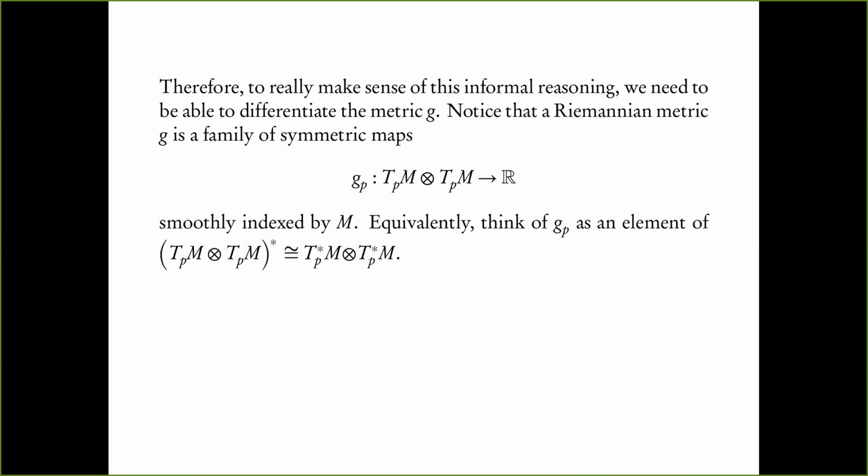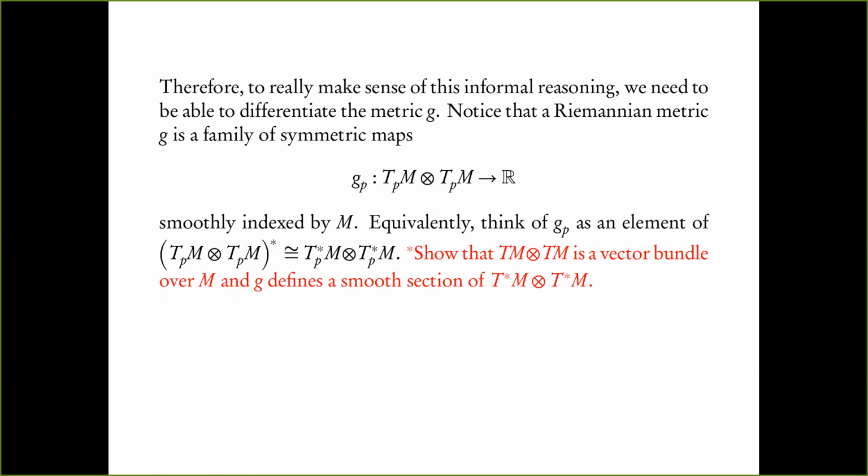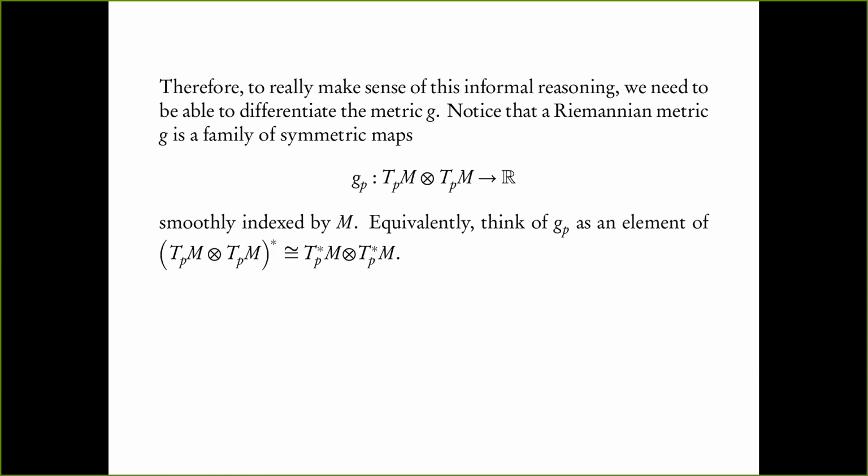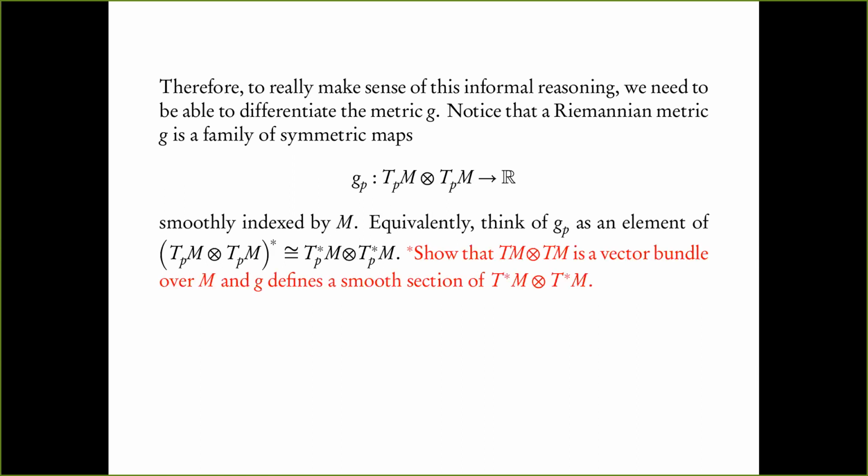All right. So this is an exercise, and I put a star here. If you do not want to do it, that's fine by me. But for those of you who want to understand this better and perhaps learn more geometry later on, this is something you should do. You have to show that TM tensor TM is a vector bundle over M, and G defines a smooth section of T star M tensor T star M. I'll not explain this any further.